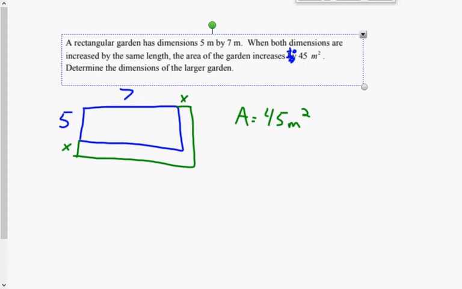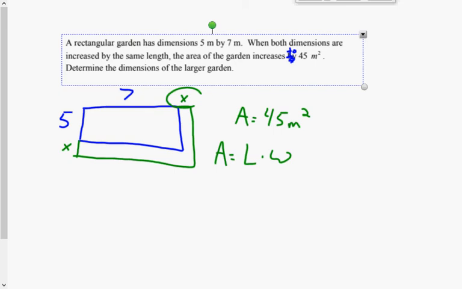So what I need to do is determine this value X. Now, with these quadratic word problems, because it doesn't say anything about a maximum or minimum value, and I'm trying to solve for an actual value of something besides the vertex, I'm going to use the quadratic equation. So unless it says max or min in the word problem, it's quadratic equation. So I know that area equals length times width.